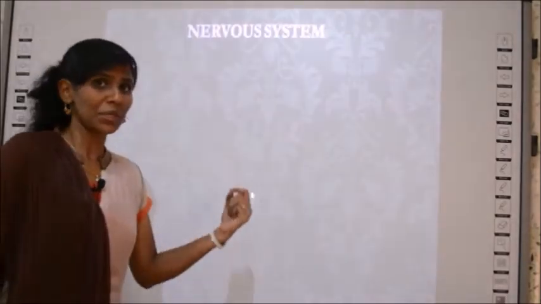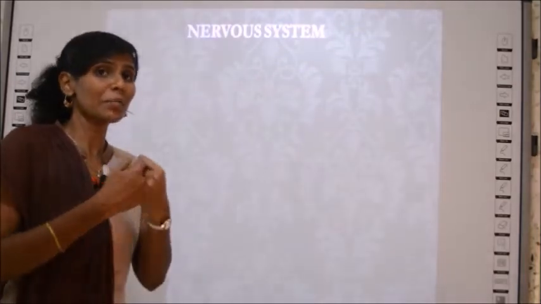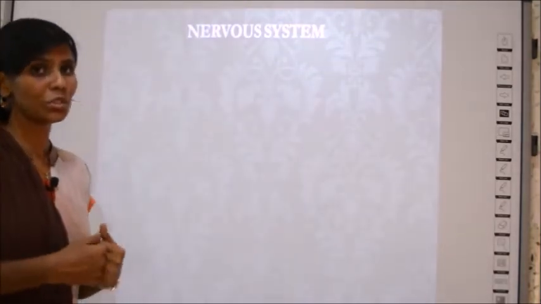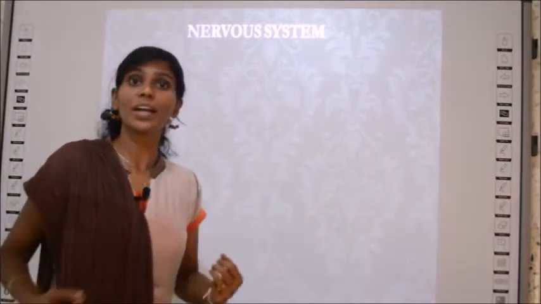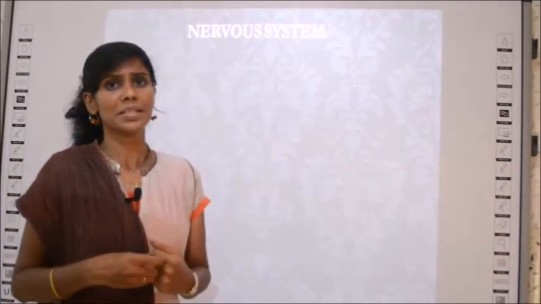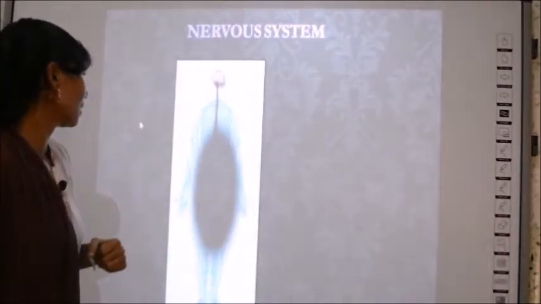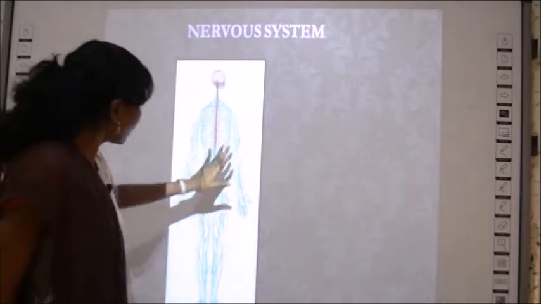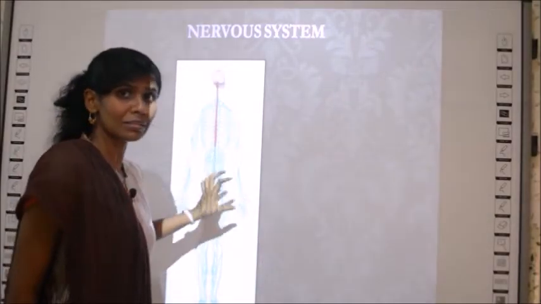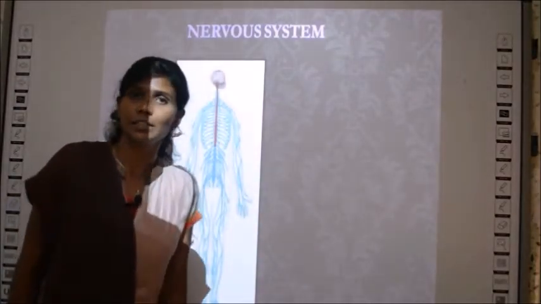So in this slide, you will learn about the diagrammatic representation of the nervous system. We have studied 2 types of nervous system, right? What are they? Central nervous system and peripheral nervous system. I'll show you in the diagram. See, it is full of nerves, right? The blue color all represents nerves.